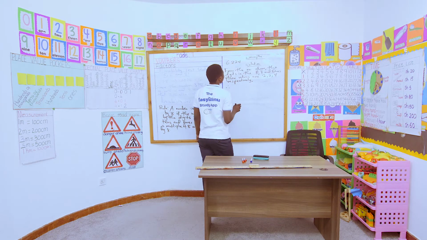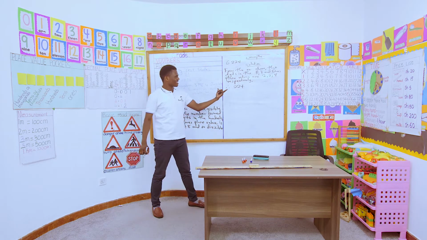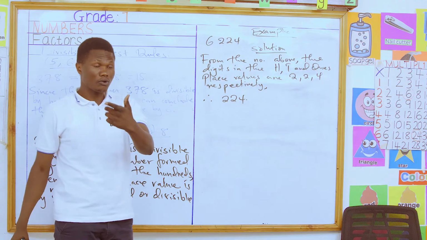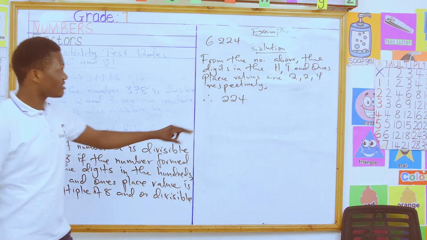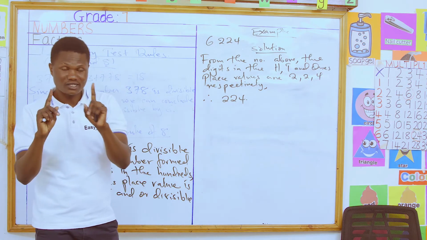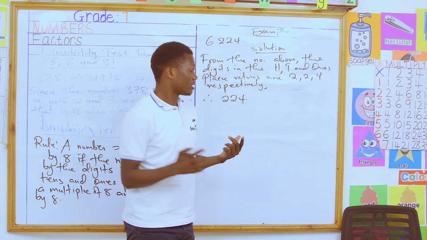Thus, therefore, our number is 224. So since this is a 3-digit number, you might not be able to decide straight away whether it's a multiple of 8. So at this juncture, you are allowed to go about it using the usual long division method because it's a 3-digit number.